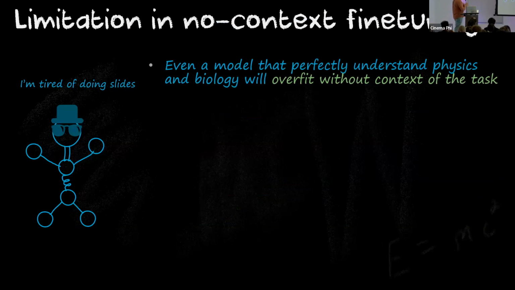The limitation is that even if the model perfectly understands the entire universe, all the physics, chemistry, and biology that you want, then you take a crappy data set of like 1,000 molecules that is mislabeled because of experimental noise, and represents a really small part of the chemical space, your model will overfit, even if it understands the entire universe, because you're not giving it context. You're just giving it a bunch of ones and zeros that are noisy and small. So it doesn't necessarily know how to fine-tune.